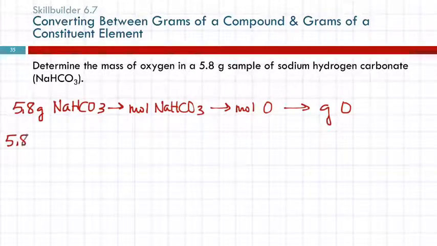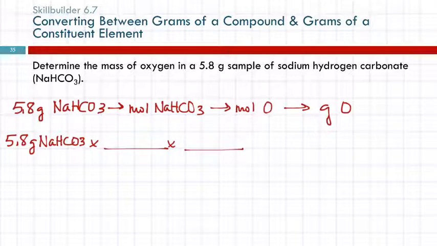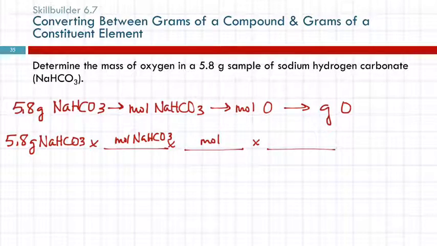So 5.8 grams of NaHCO3 times and a line, times and a line, times and a line. Copy down the units. Moles NaHCO3, and yes, you have to write all the stupid chemical formulas.